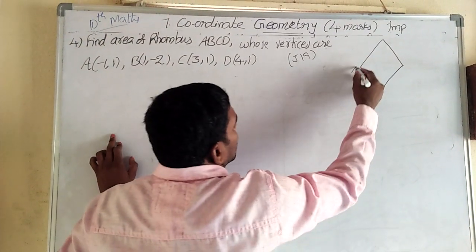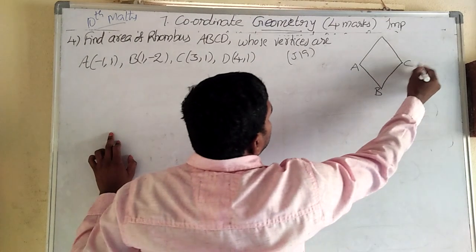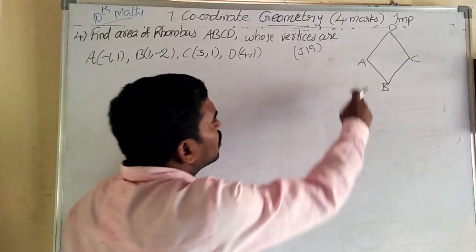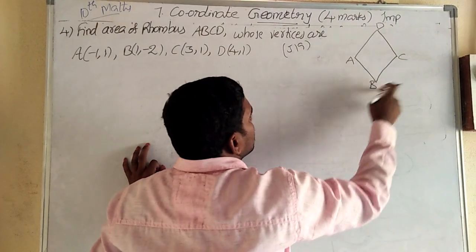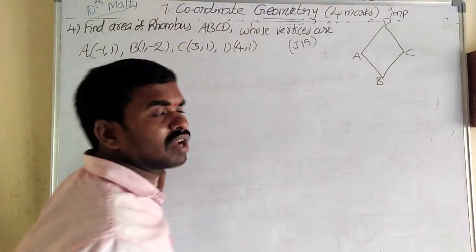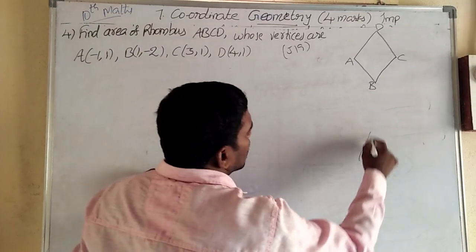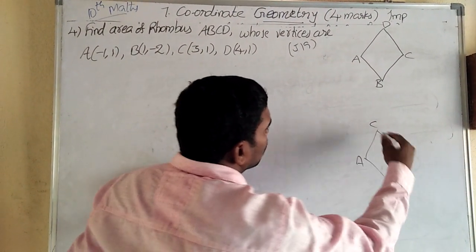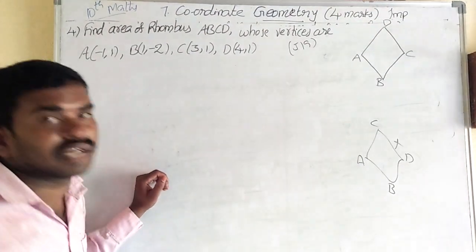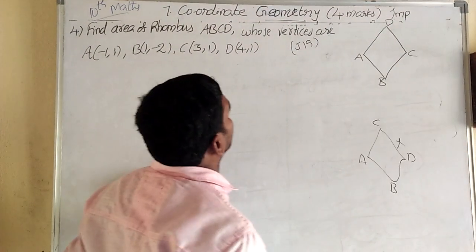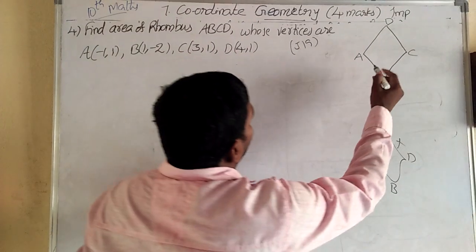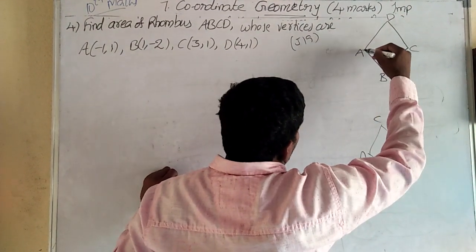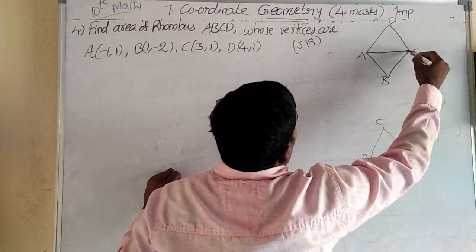So I am starting with A, B, C, D. One more point you have to remember: we should take the vertices in order A, B, C, D, that means in symmetry, one way. So don't write it like A, B, D, C, that is wrong. Here, if you join AC or BD, anything, let us take joining AC.